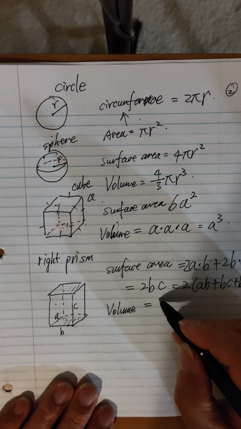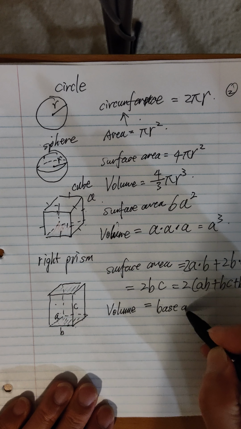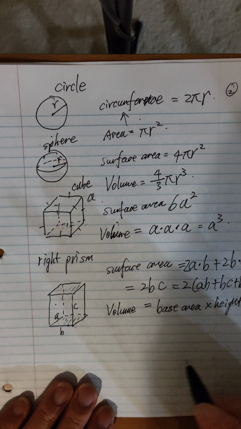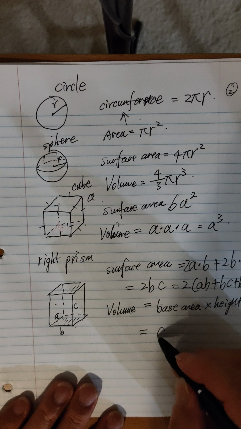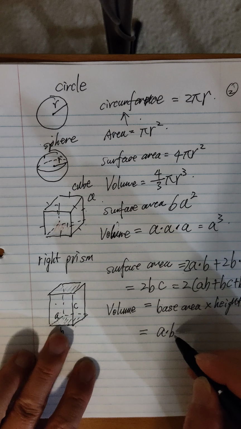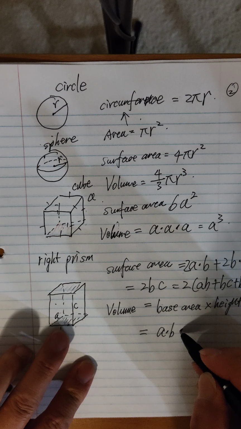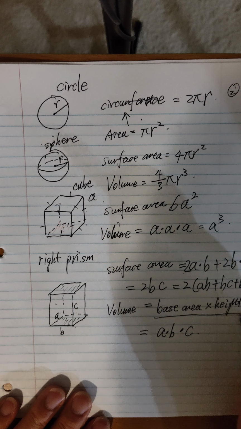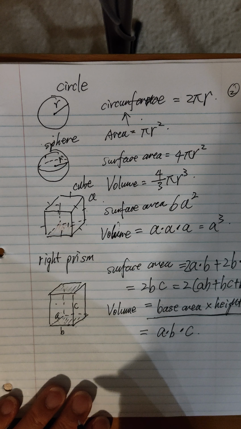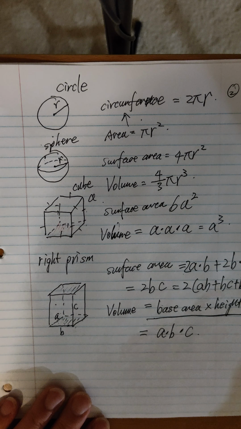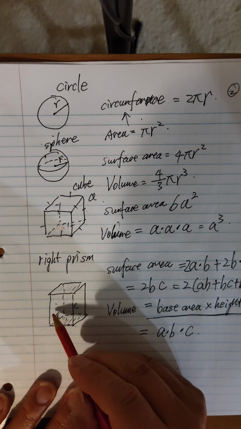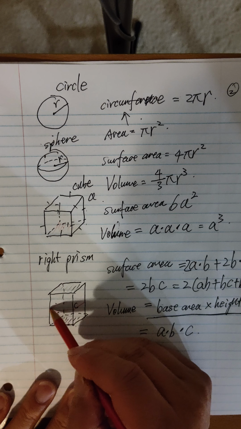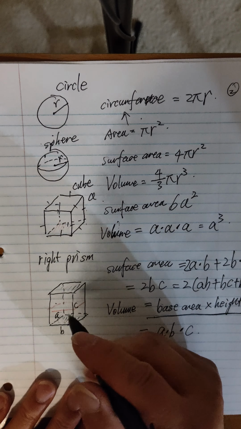Okay, now what is the volume? The volume, again, is the base area times the height. That equals A times B, and the height is C. So we use base area times the height. You can use a test, like I always tell my students, to find the intersection.